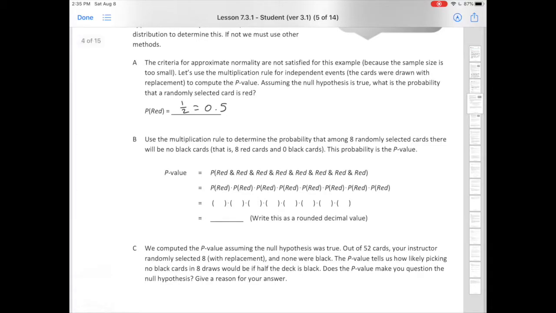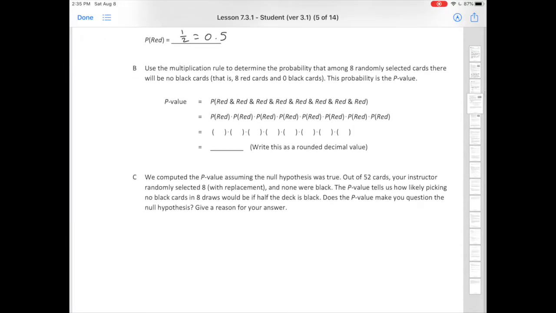So the probability of getting 8 red cards in a row, since we were putting the card back each time we played the game again, these are independent events, and so we just have to multiply 1/2 8 times. We do 1/2 times 1/2 times 1/2 times 1/2, and we do that 8 times in a row.